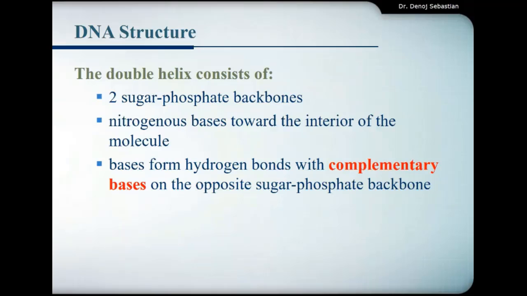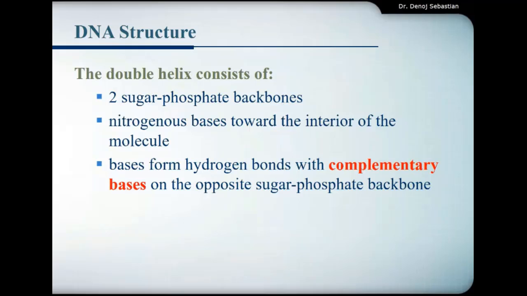The double helical model actually consists of 2 sugar phosphate backbones running parallel, and so actually it is anti-parallel. Now, the nitrogenous bases are facing towards the interior of these double strands.